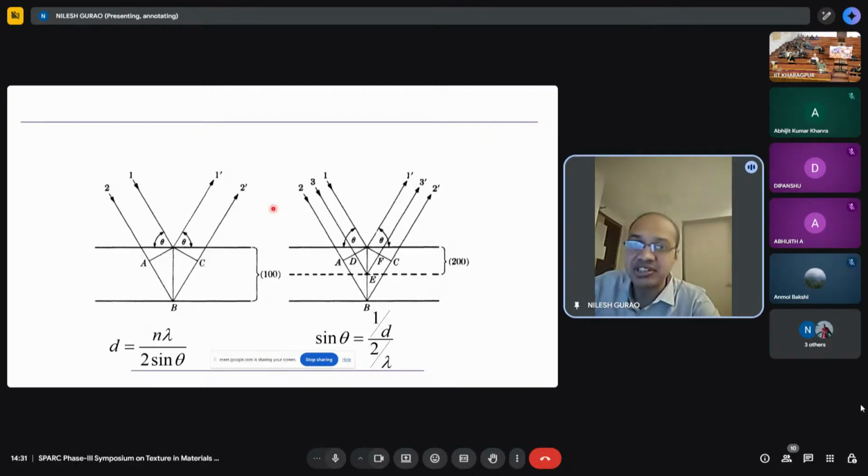Reciprocity that I talked about, I have just written the Bragg's law. You see, it is 1 over d and 2 over lambda for n equal to 1. So the right hand side, you have in the reciprocal space. But what I'm trying to say is that this is for X-rays, where your X-ray photon undergoes one scattering event.